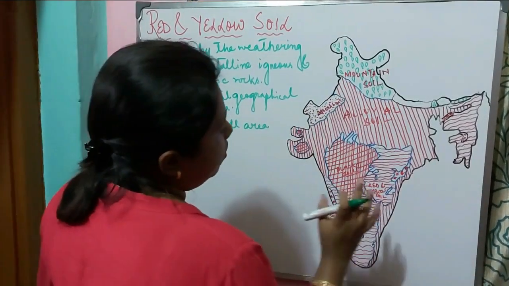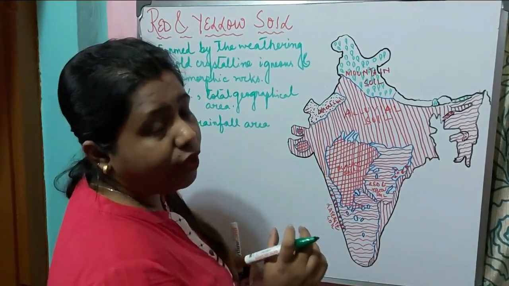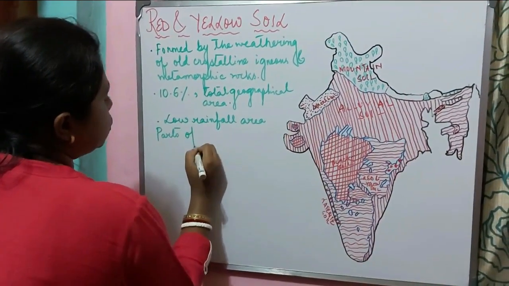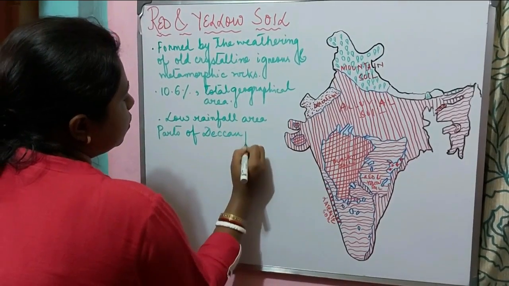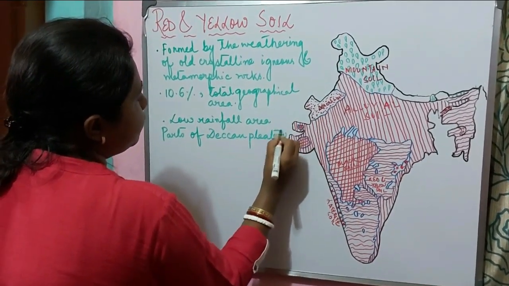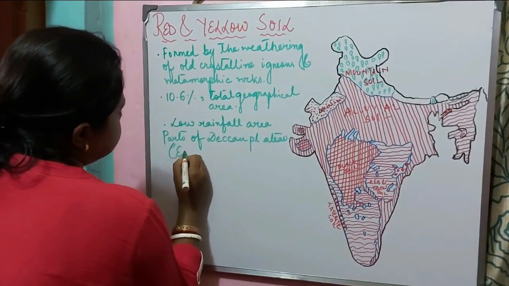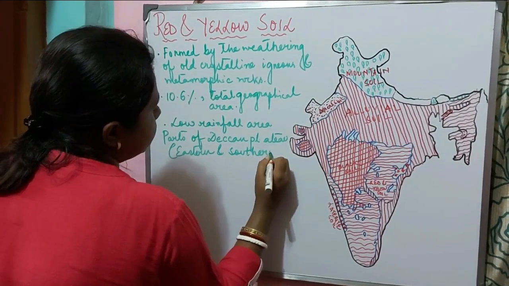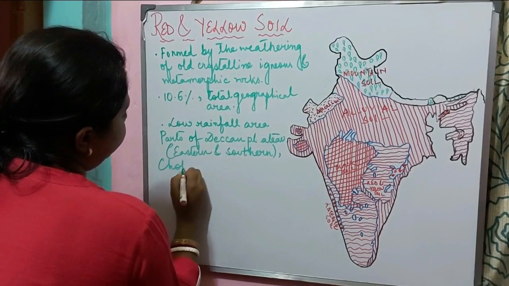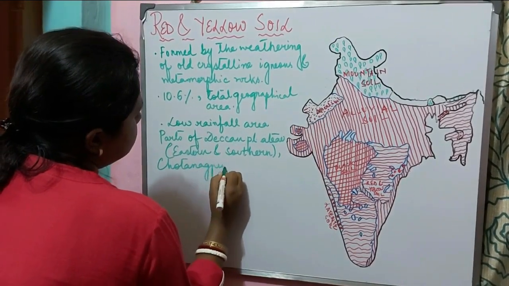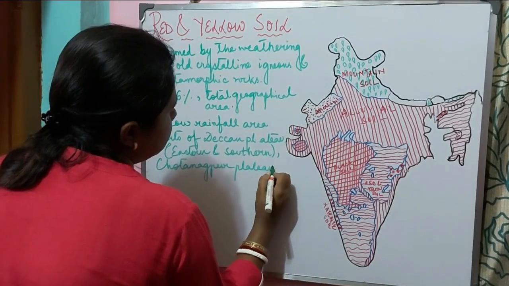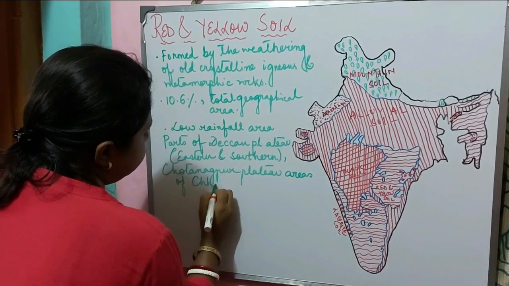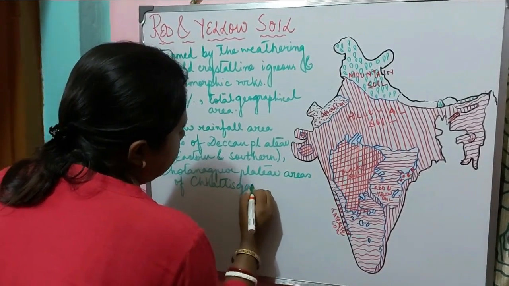Now, just see the map very well. Can you tell me where we can find red and yellow soil? Say this part, this is my Deccan Plateau. So, I can say parts of the Deccan Plateau. Which part? Eastern and southern. In the Chota Nagpur Plateau, areas of Chhattisgarh and Jharkhand.